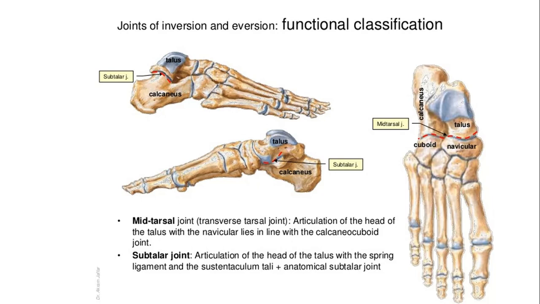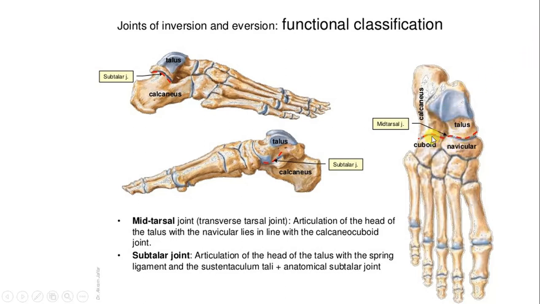You can see here mid-tarsal. This is the calcaneocuboid joint. The mid-tarsal articulation of the head of the talus with the navicular lies in line with the calcaneocuboid. They are very much in line.